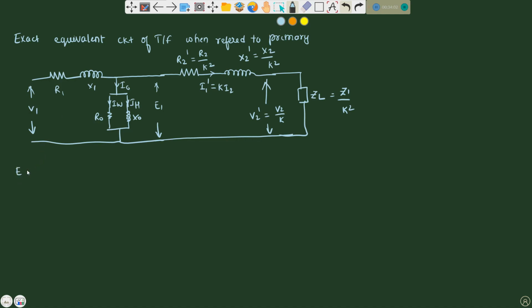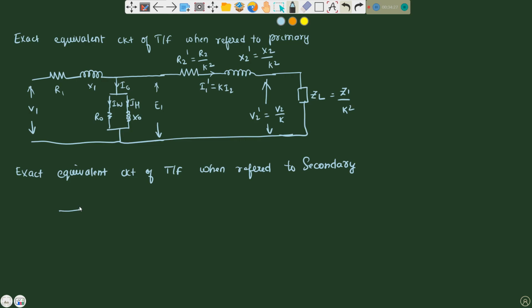Next case we are going to discuss the exact equivalent circuit of transformer when referred to secondary. So we are taking all the primary side components into the secondary side, that's it.